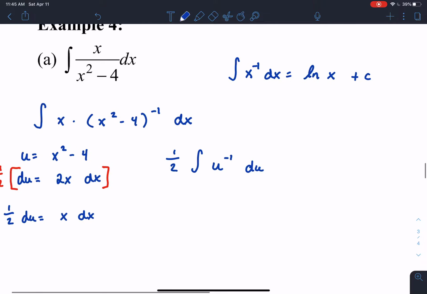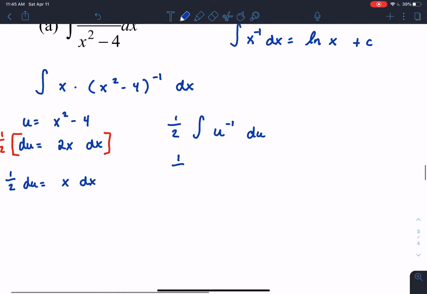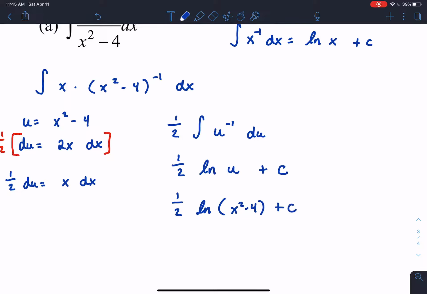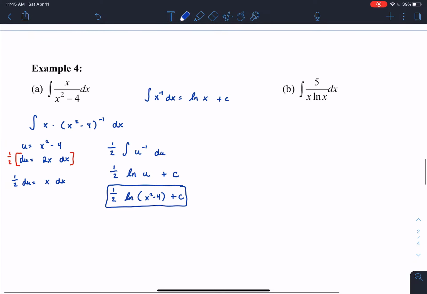So in this case, u to the negative first becomes 1/2 of ln of u plus c. The antiderivative of something raised to the first power in the denominator is ln of x. Then you replace u with what you have: x squared minus 4 plus c. Just be careful when integrating something raised to the negative first power.